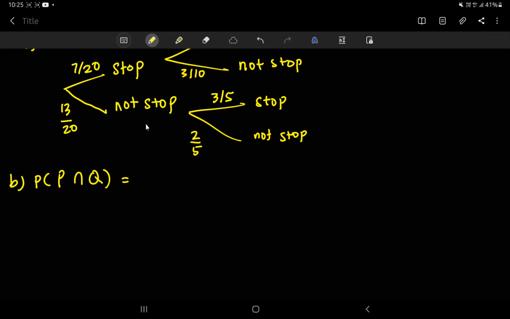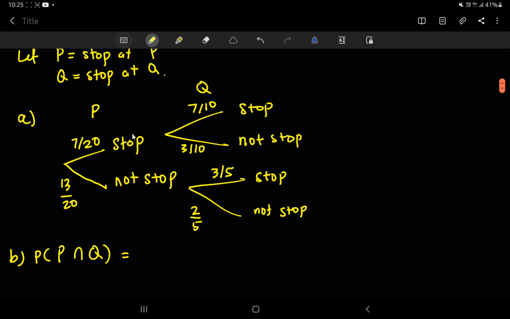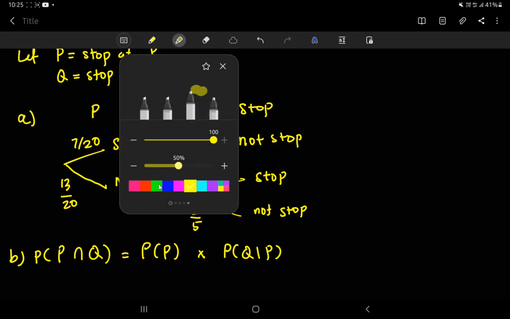Because this is conditional probability, if you still remember Bayes' theorem, the formula for P intersection Q is the probability of stop at P times the probability of Q given P. So let's check our tree diagram.